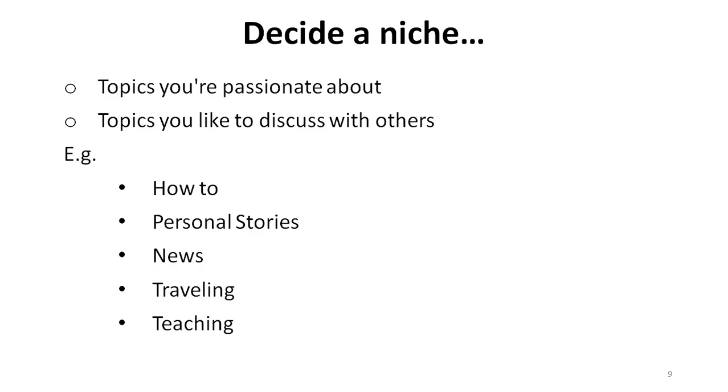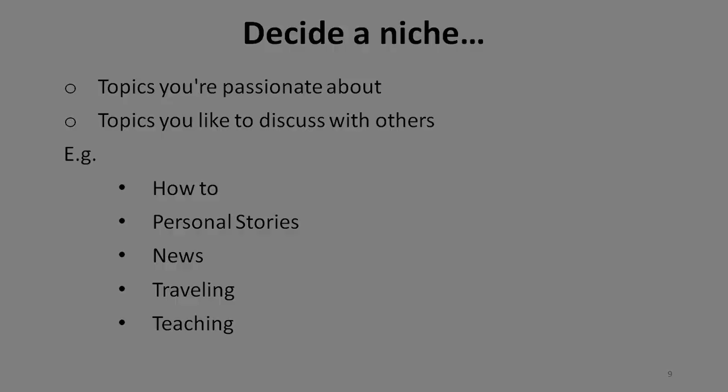If I want to share it with others, then a blog is one of the ideas: I should write on a blog and solve the problems of people, so that others are able to access the blog and get the knowledge. This is where we can educate people all around the world. So I think you got the idea of how we can decide a niche.